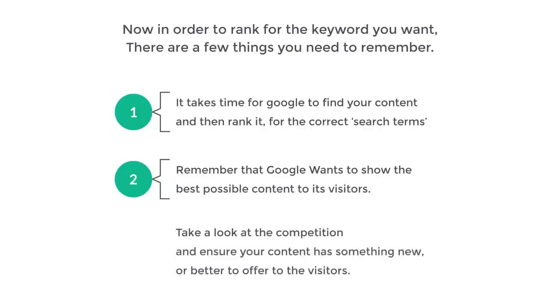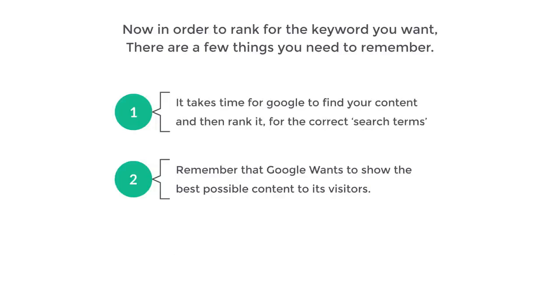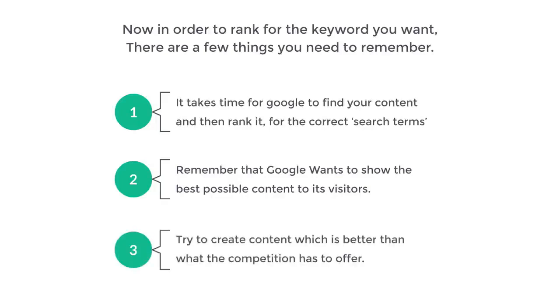Number two, remember that Google wants to show the best possible content to its visitors. Number three, try to create content which is better than what the competition has to offer. So be aware of this. Google is very sensitive about its visitors. No fake content is accepted.